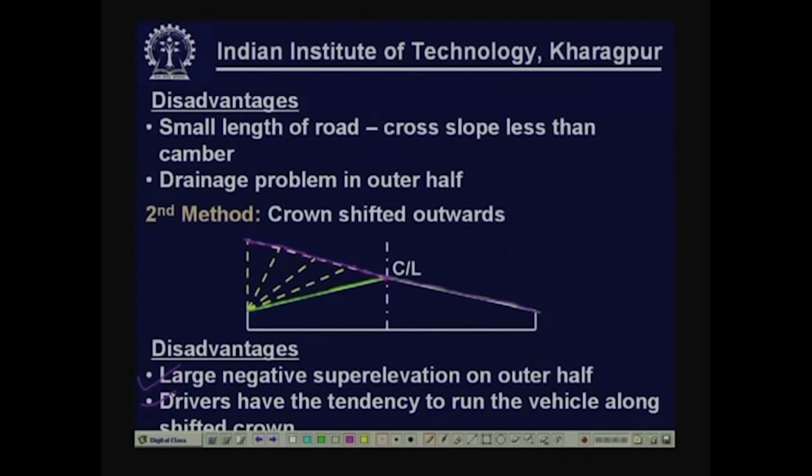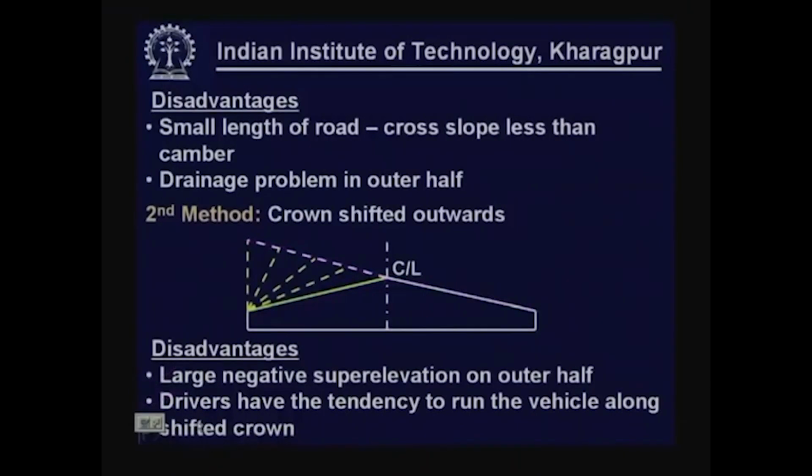So, we have discussed two methods. Each method has its own disadvantages, and one has to apply judgment looking at the ground situation, looking at the terrain, looking at the amount of rainfall in that area, pavement type, about the suitability of a particular method for a given situation.